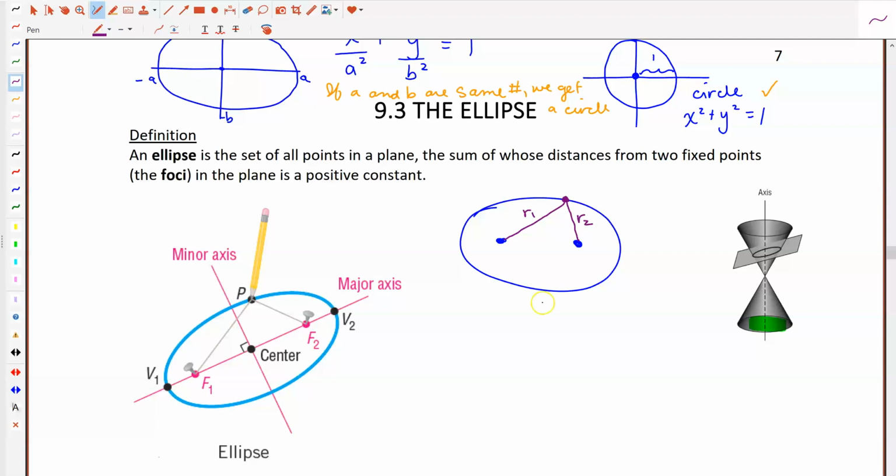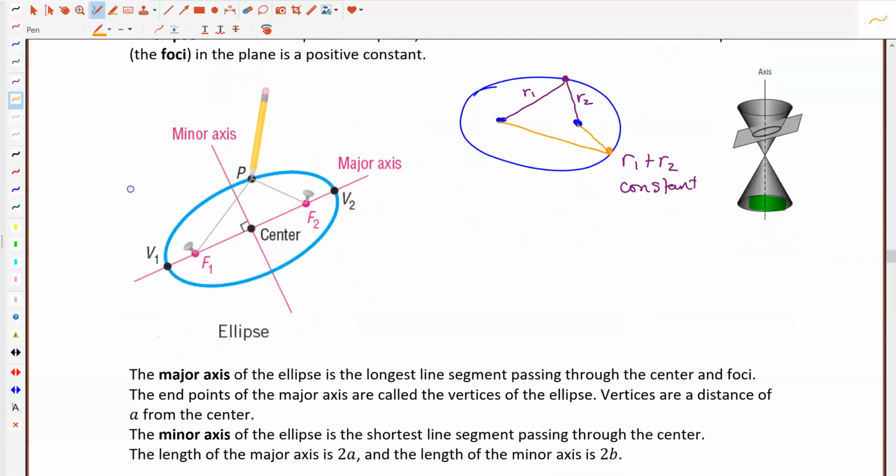If I do R1 plus R2, I get a constant. It does not change for any point on this ellipse. Depending where the point is, there's going to be a closer distance and a farther away distance, but the key thing is that those two distances, if I add them together for all points, end up being this positive constant.